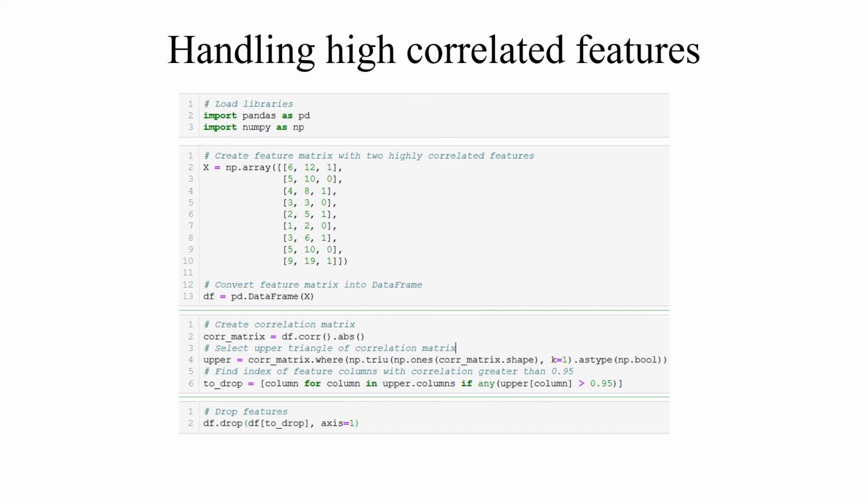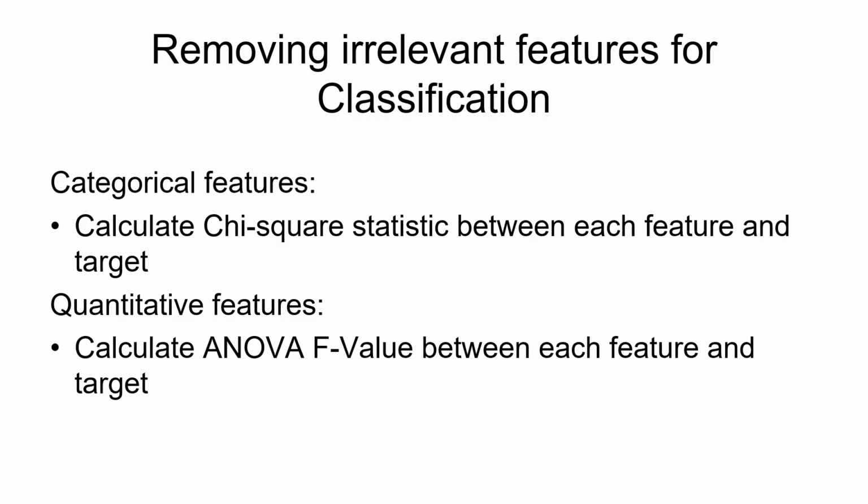For example, if we have some features that are highly correlated, probably they are the same thing, and probably what we have to do is remove some of those features that are too correlated. We may also remove some features that are not relevant for classification. The approach that we may use is calculation of chi-square in the case of categorical features and an F value for the quantitative features.